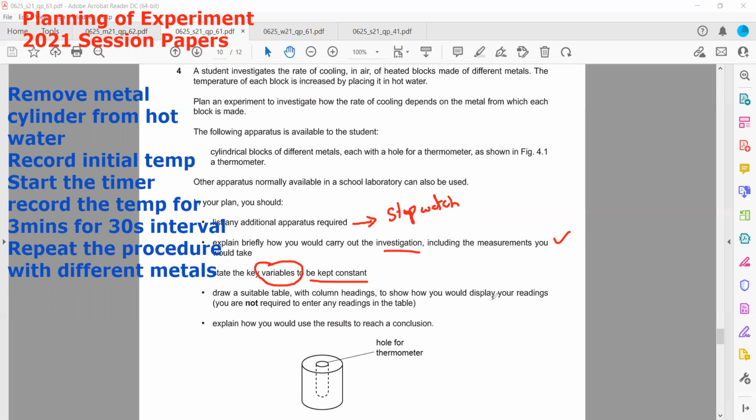If we are investigating the rate of cooling, the rate of cooling depends on the starting temperature. So all the metals should have the same initial temperature, or starting temperature.